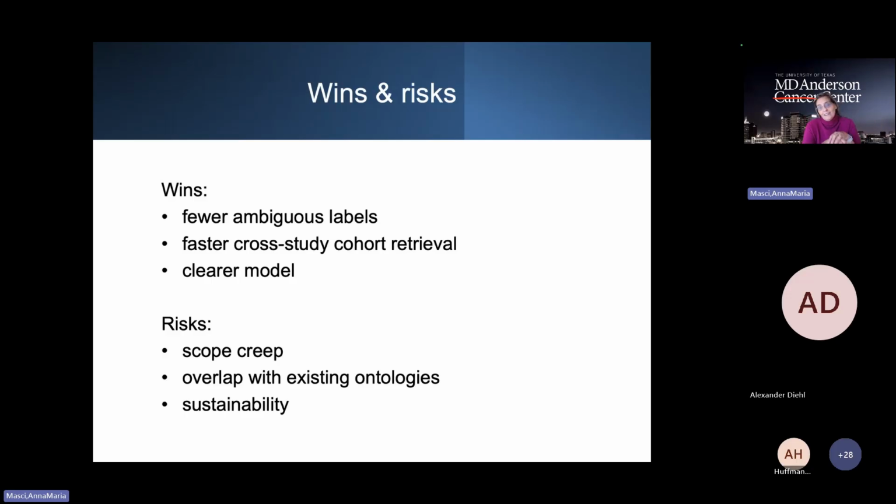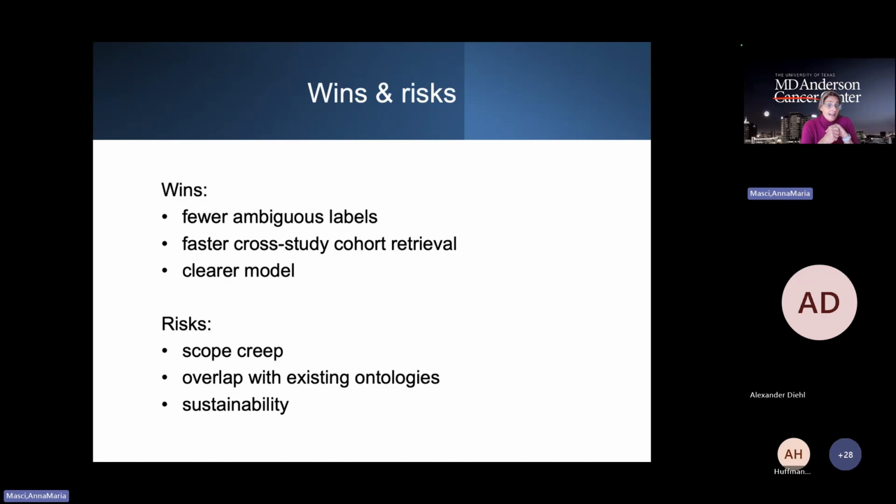The risks, on the other hand, are that since we want to cover a large and complex domain, we could lose focus and become diluted in all these things. So that could be one of the risks.